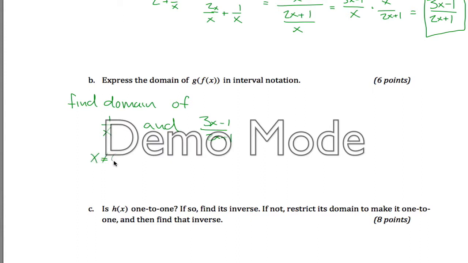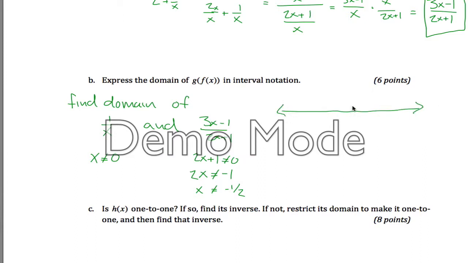I can't divide by 0, so x can't be 0. Over here I can't divide by 0, so 2x plus 1 can't be 0. In other words, x cannot be negative 1/2. Let me show that. 2x can't be negative 1, so x can't be negative 1/2. So the domain of g of f of x is everything except for 0 and negative 1/2.